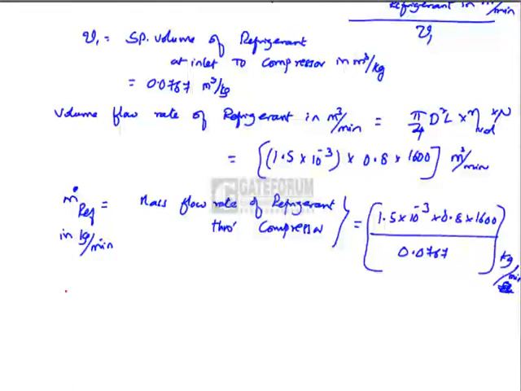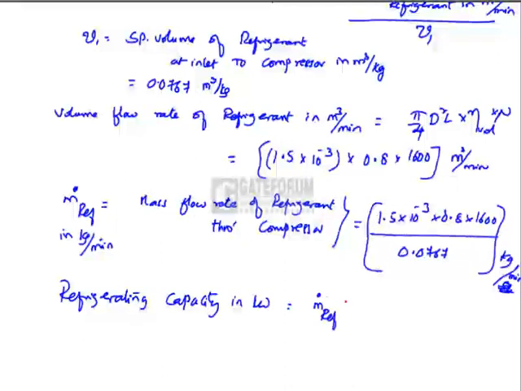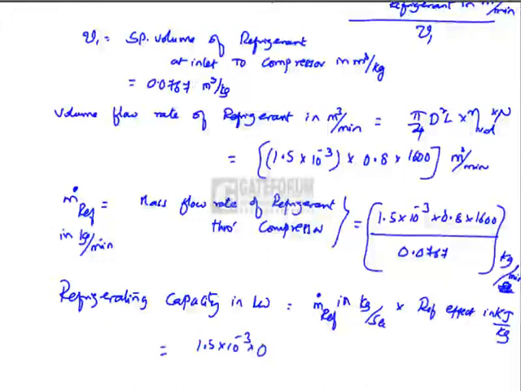Now the refrigerating capacity in kilowatts is equal to mass flow rate of the refrigerant in kg per second into refrigeration effect in kilojoule per kg, that is equal to 1.5 into 10 power minus 3 into 0.8.